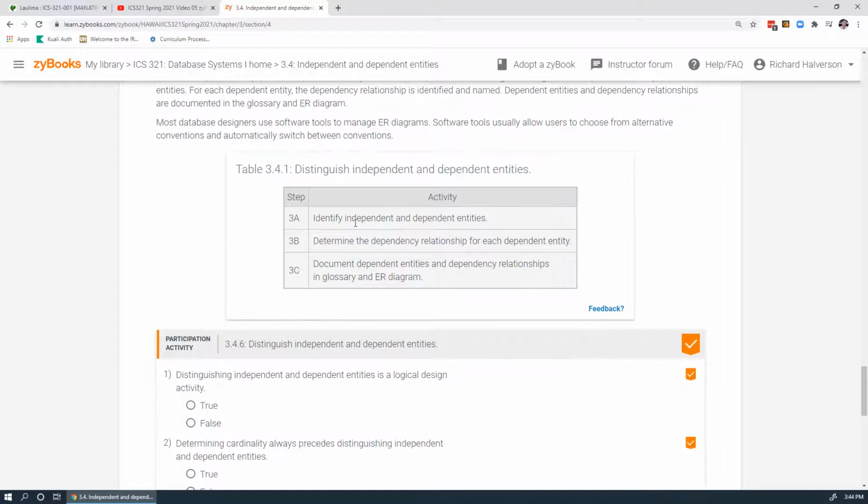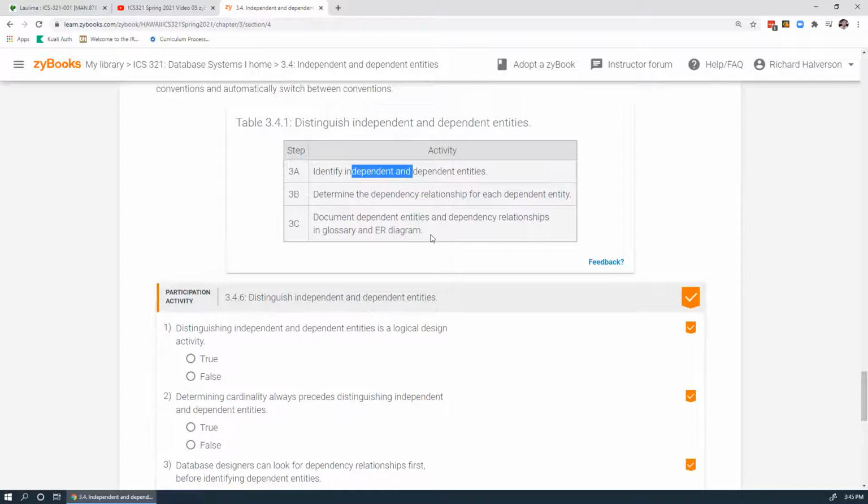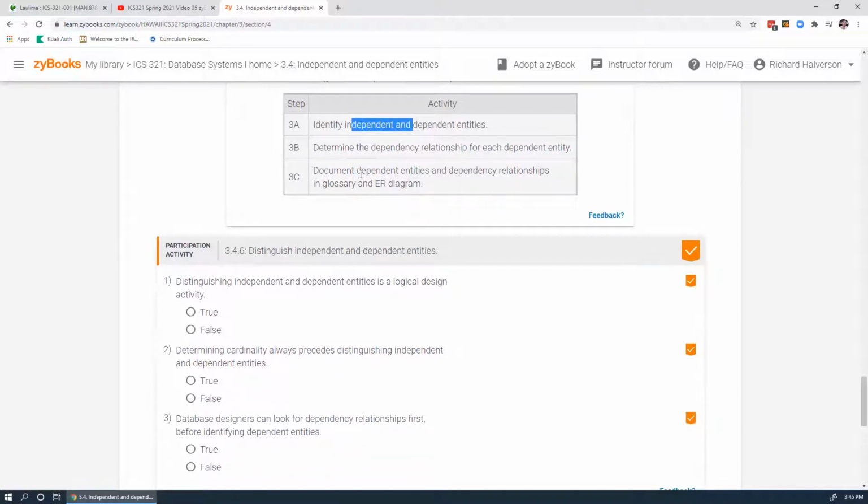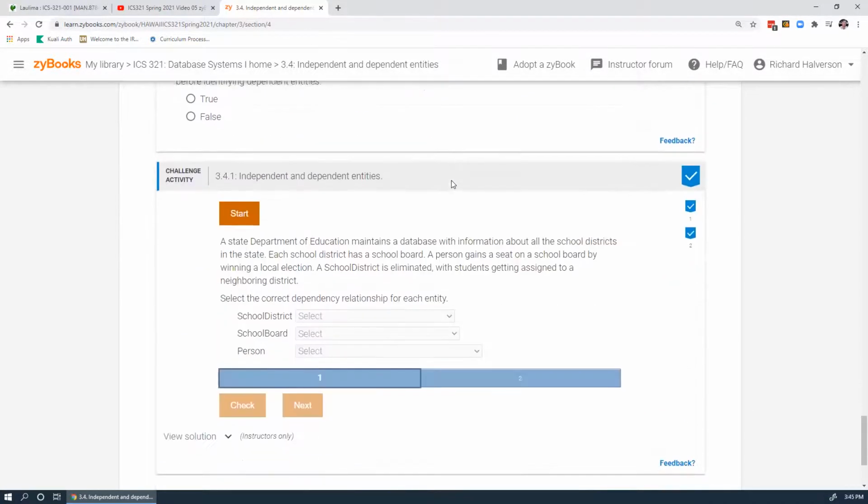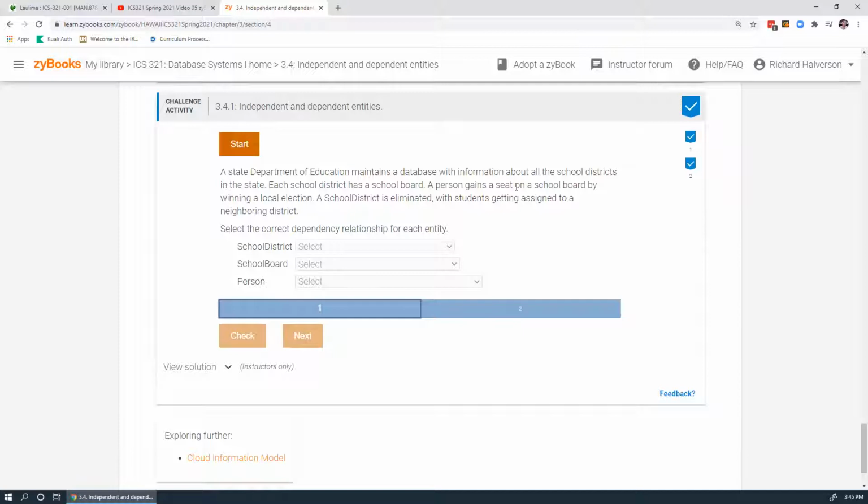So first you identify the independent and dependent entities, determine the dependency relationships, and then you document it. It depends. If it's large and you're working on a team, you want to make sure you do this part. So here we're imagining creating a database, and we're supposed to say what each of these is.